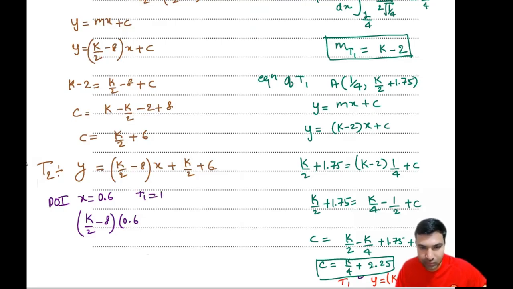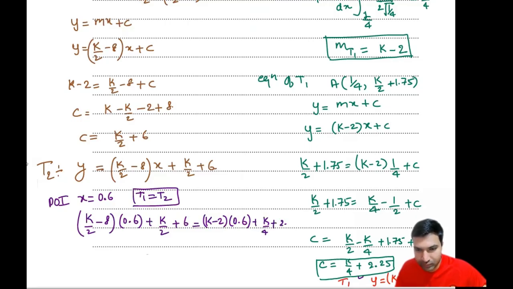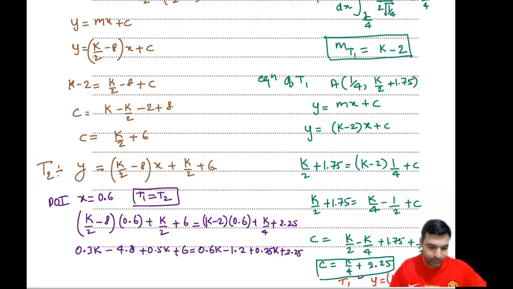So T1 equal to T2 at point of intersection, and the x coordinate is 0.6. So k by 2 minus 8 times 0.6 plus k by 2 plus 6 equal to k minus 2 multiplied by 0.6 plus k by 4 plus 2.25. Okay, so solving this further, we get 0.3k minus 4.8 plus 0.5k plus 6 equal to 0.6k minus 1.2 plus 0.25k plus 2.25, right? This is how you will get this.